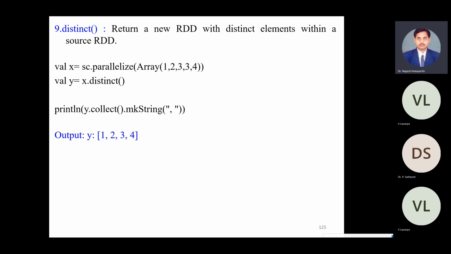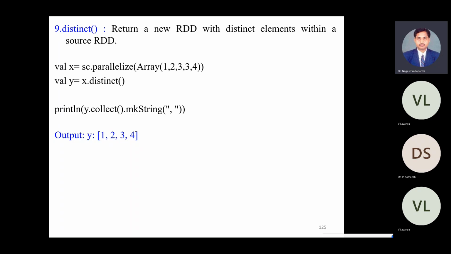If you see distinct, it returns a new RDD with distinct elements within a source RDD. So the value x is equal to the input value I am taking: 1 comma 2 comma 3 comma 3. 3 came twice here. Please observe. Then 4. The output variable y is equal to x.distinct.